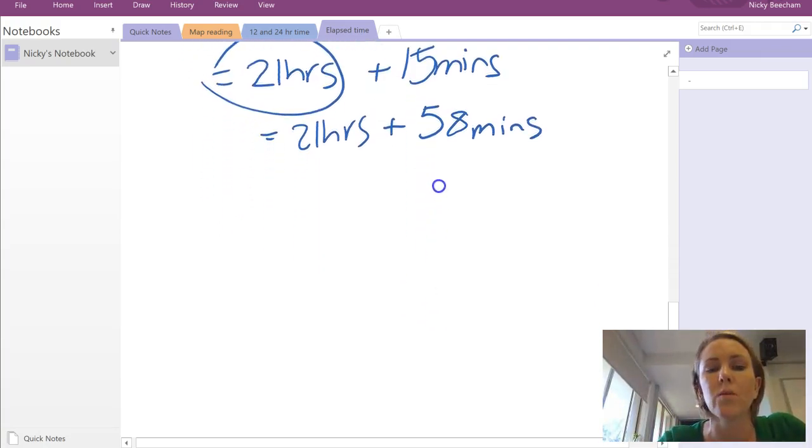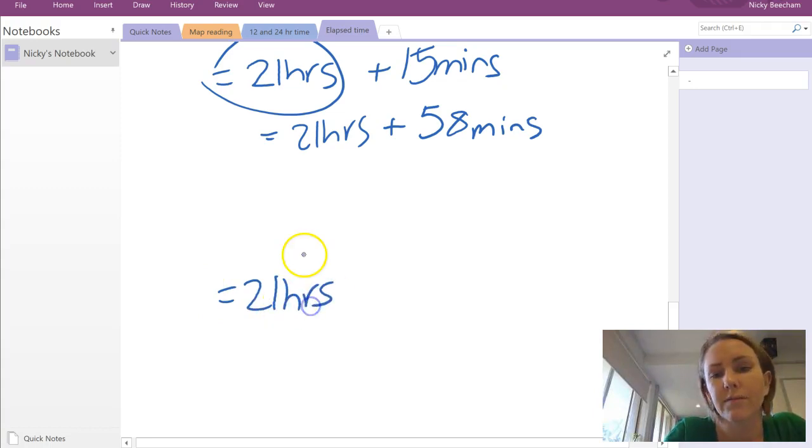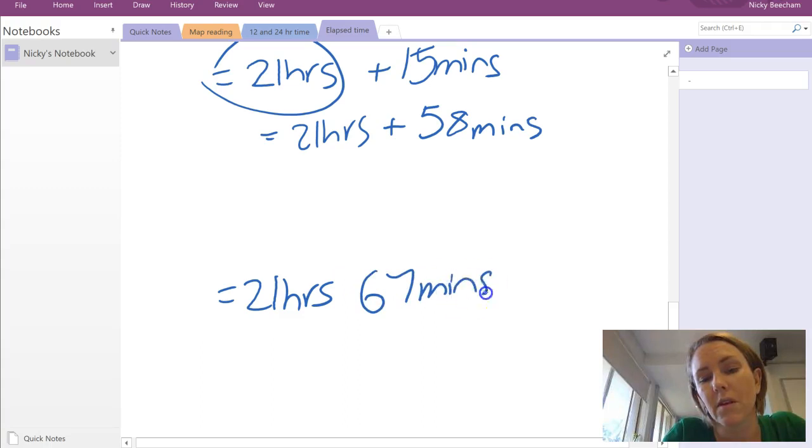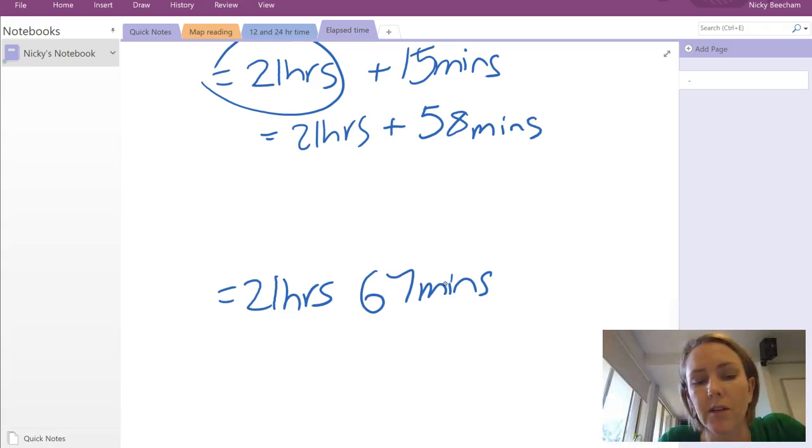Okay, if you got a question and your answer came out something like this, what you should make sure you do in your answer is to rewrite it so that there are all of the hours together and any minutes left over.